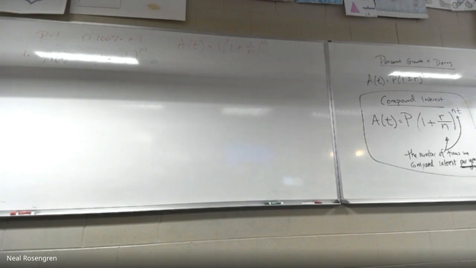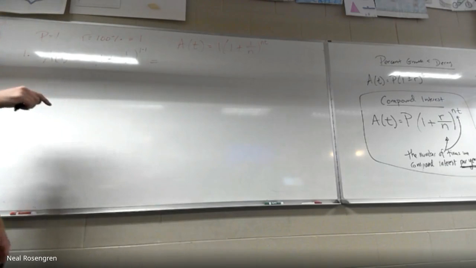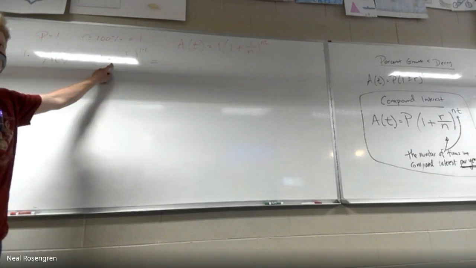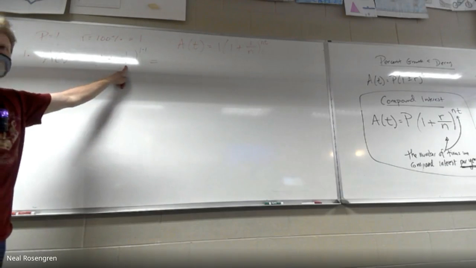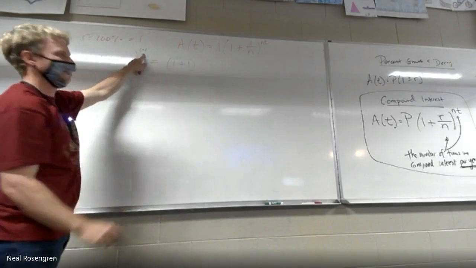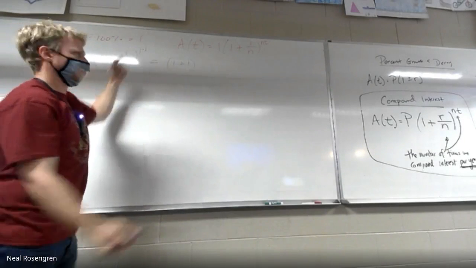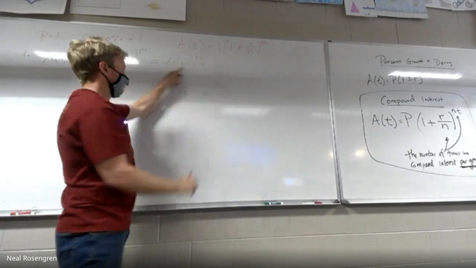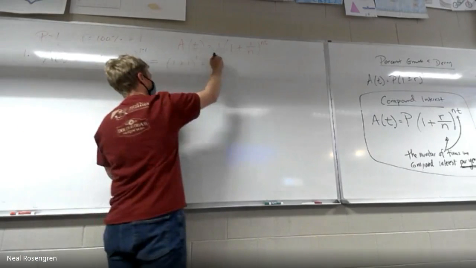The stuff that's in red is just me writing down what they already told us. What's in black is going to be each one. So 1 plus 1 over 1, to the power of 1. What's 1 plus 1? Okay, so $2.